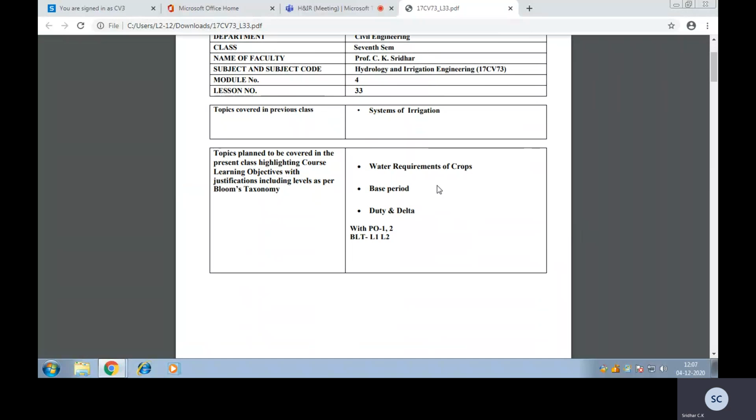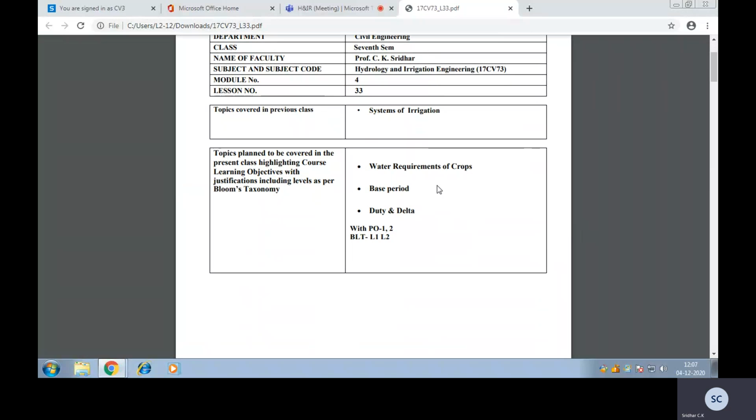So at the beginning, when you sow the seeds and put the water, the time starts from then and continues till the time of harvesting.